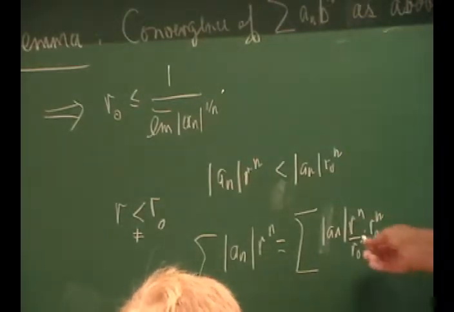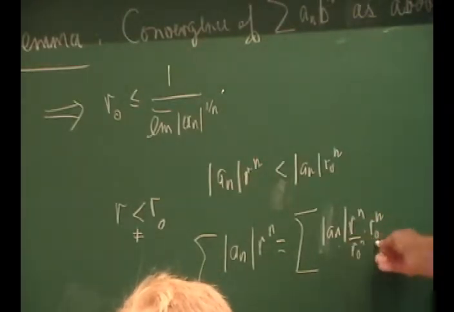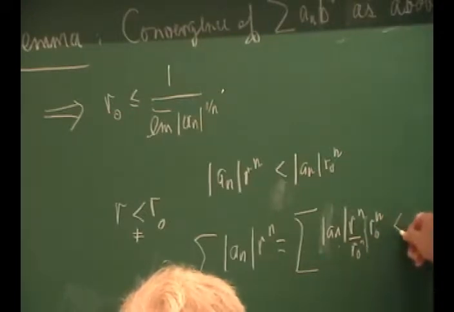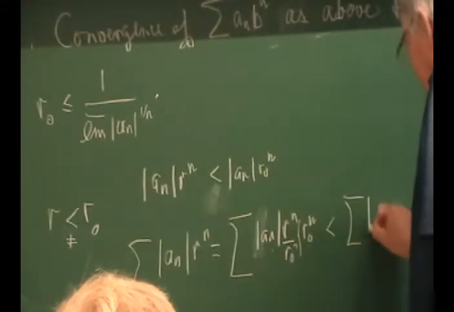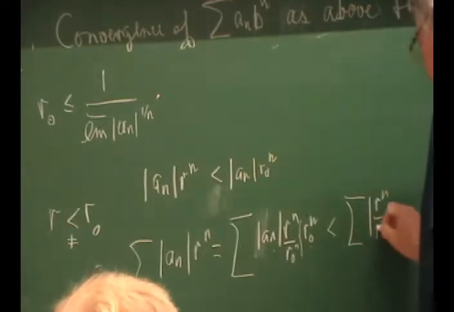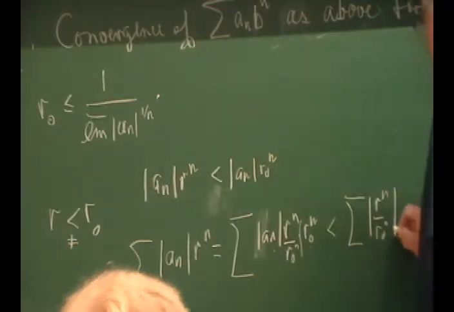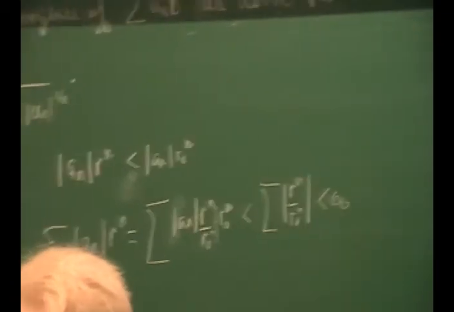Yeah, and now we're okay. Look what we got. This term goes to 0. So this is strictly less than the sum of r to the n over R0 to the n, and this converges. Okay.